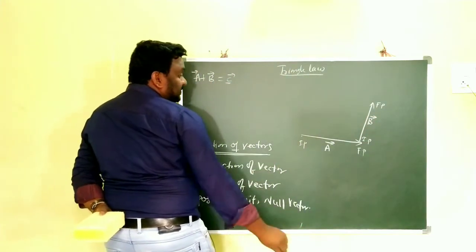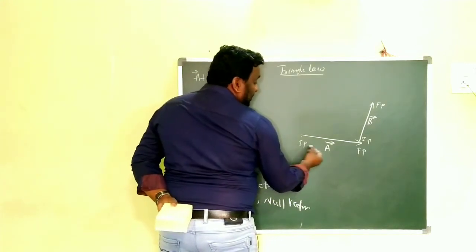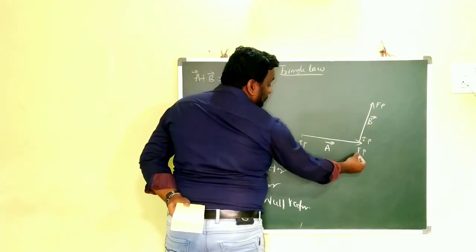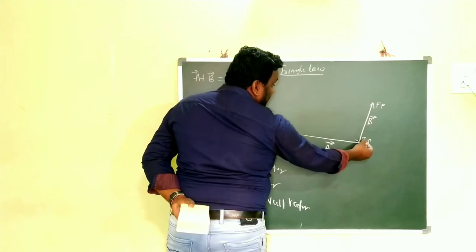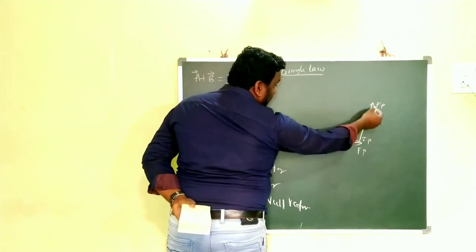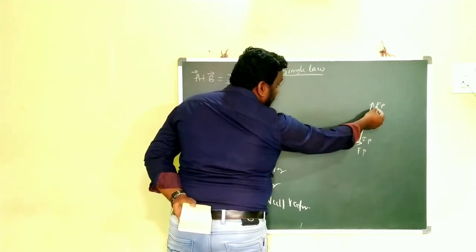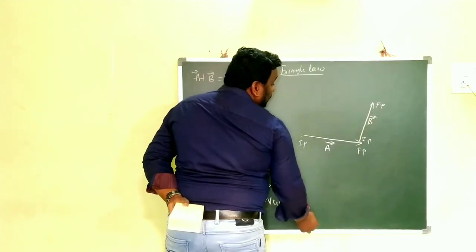How did we add, children? Watch carefully. This is the initial point of A and this is the final point of A, and this is the initial point of B and this is the final point of B. How can we join?